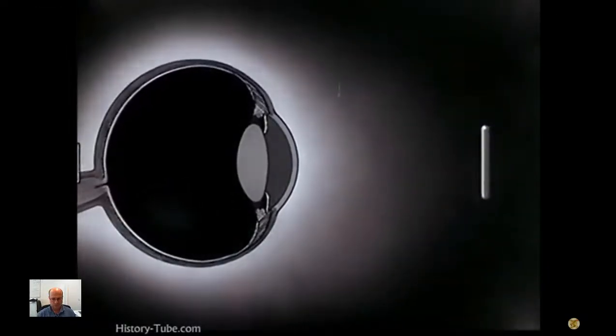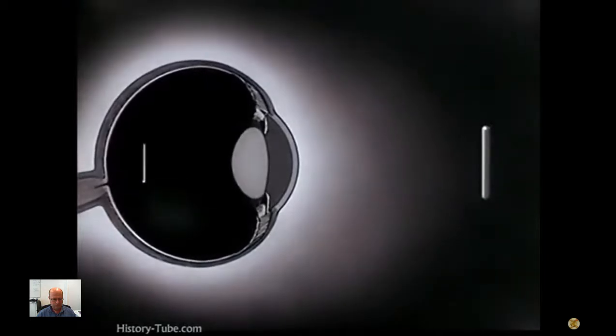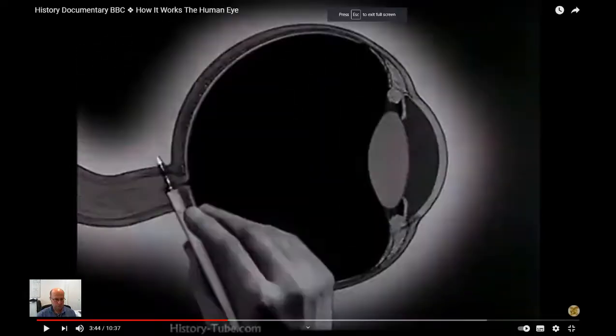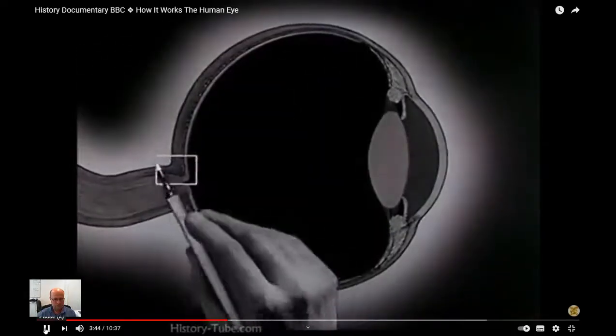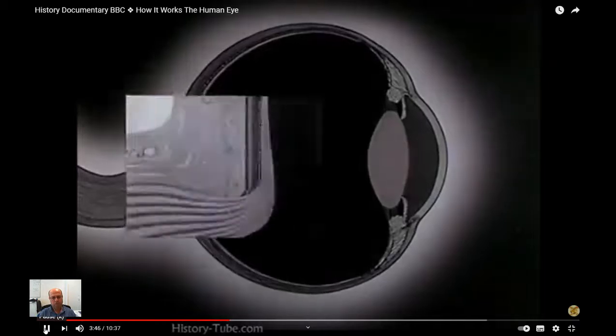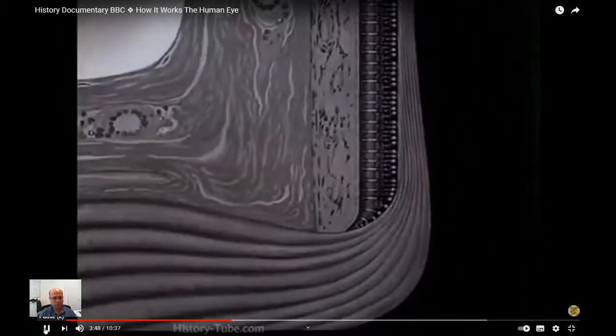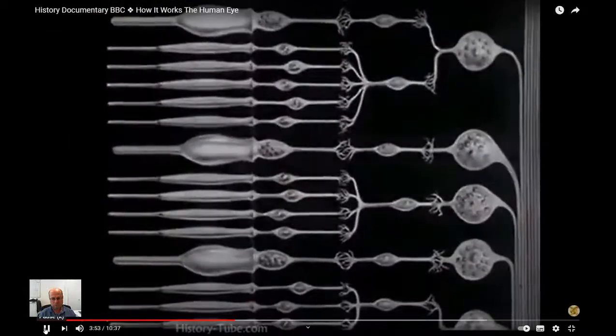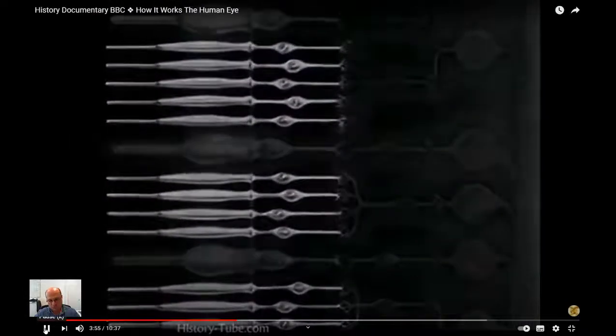For an object to be seen sharply, the light rays coming from it to the eye must be focused so that an image falls exactly on the retina. The retina consists largely of nerve fibers. On its back surface are the so-called visual cells, the rod visual cells and the cone visual cells.